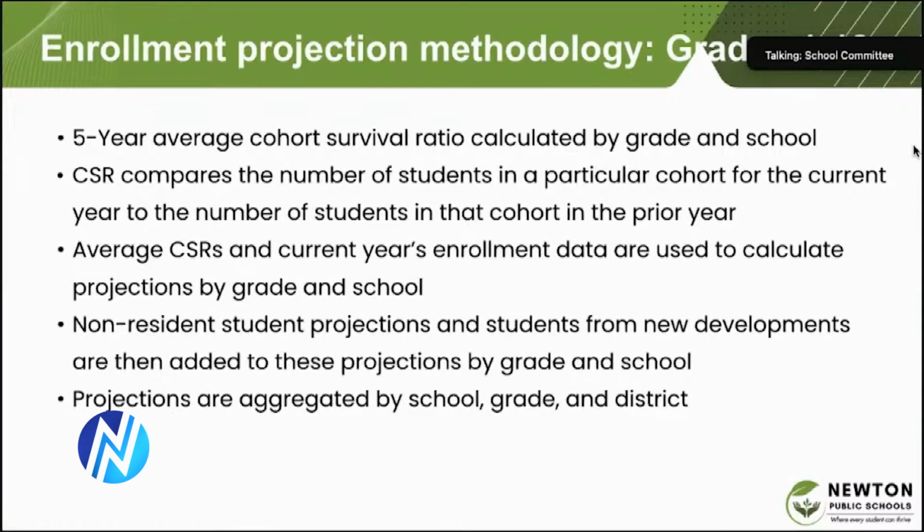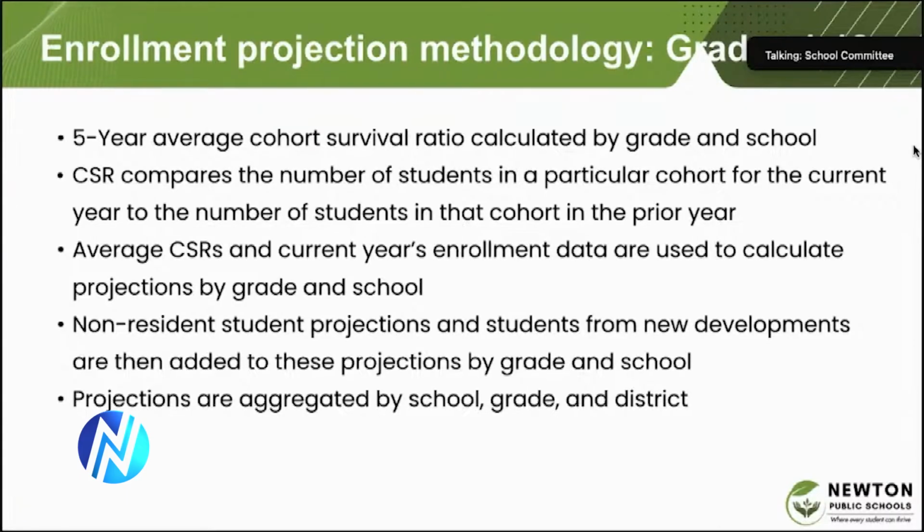The methodology to calculate the enrollment projections for grades 1 through 12 uses a different method. For grades 1 through 12, we use a 5-year average cohort survival ratio, which is calculated by grade in school. So a cohort survival ratio, or a CSR, is another ratio that's looking at the number of students who are in a particular grade level and school cohort for the current school year compared to the number of students who were in that cohort for the prior year.